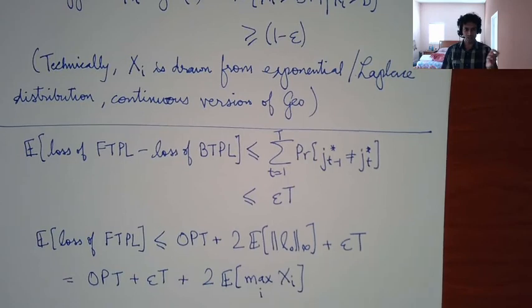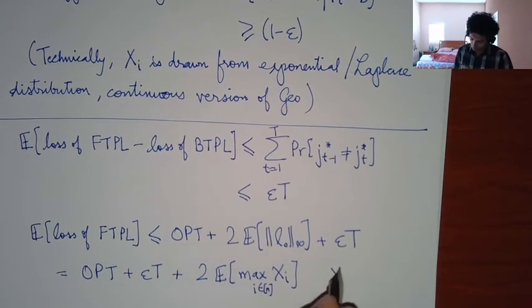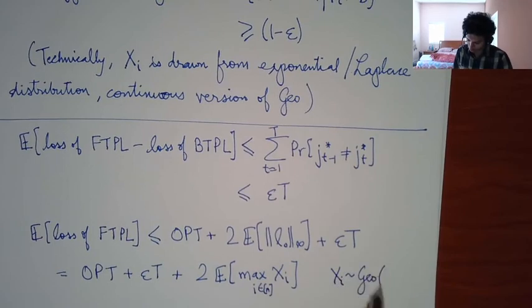So now it's just the max of this, where each xi was drawn from a geometric distribution with epsilon.